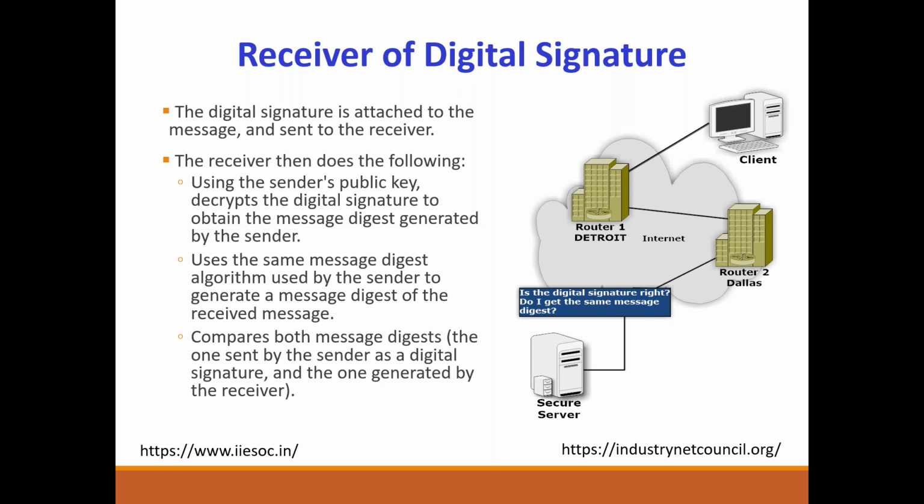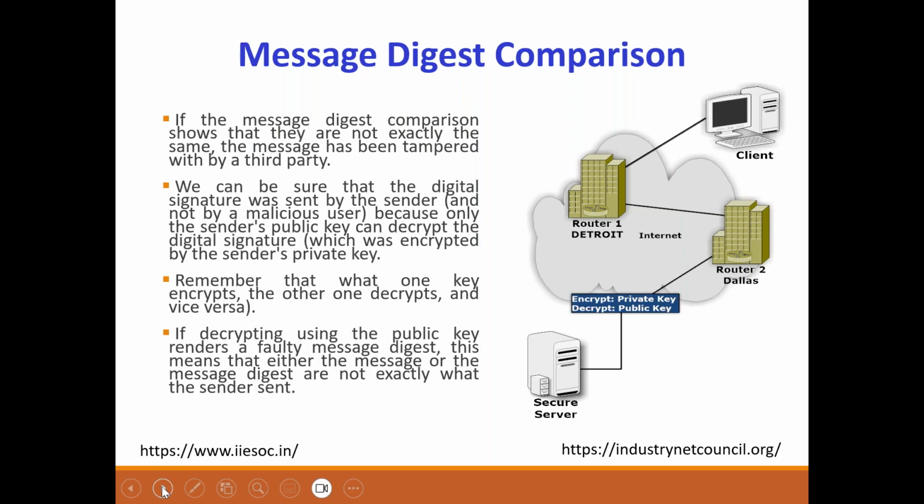Once you've got that message digest, when you get it, you decrypt the digital signature and you see, do I get the same message digest? If you get the same message digest, then you know that the message has not been tampered with.